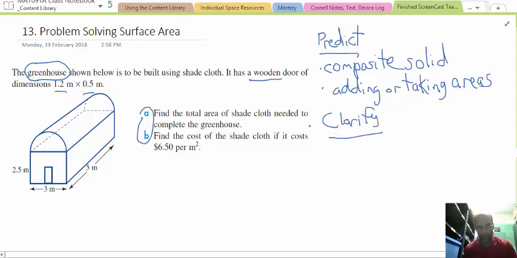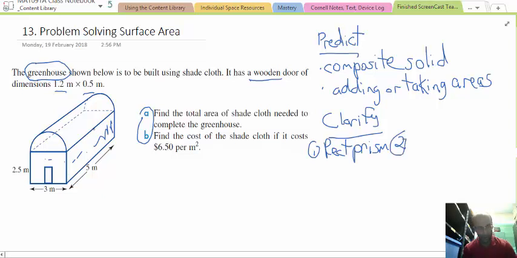Let's see, I understand all of the terms used there, so I don't need to look any words up. What have we been given? We've been given three shapes. Okay, we have a rectangular prism. If you have a look over here, rectangular prism. What else do we have there?